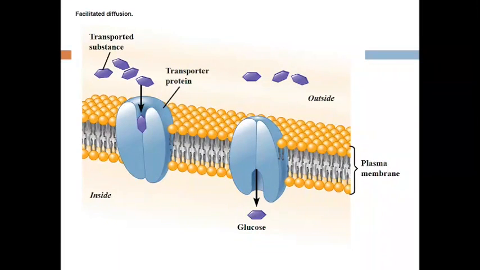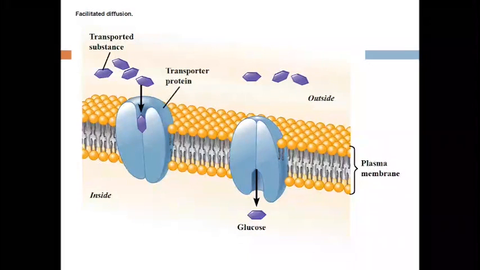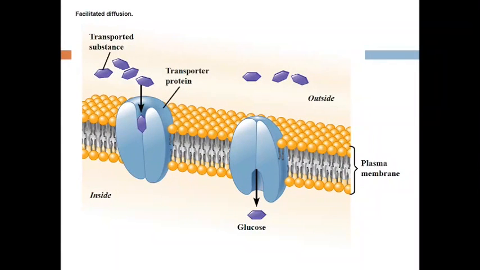Active transport takes place against the concentration gradient and it requires energy. It includes group translocation, membrane bound transport and binding protein transport. So different types of processes are categorized under active transport.